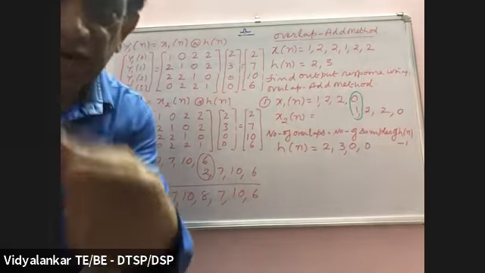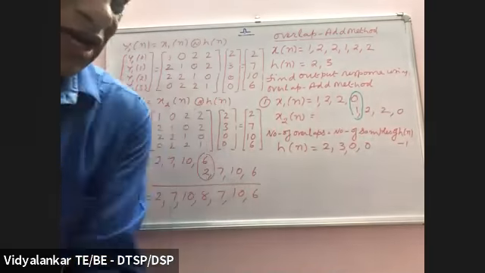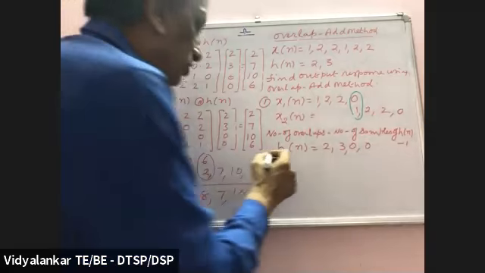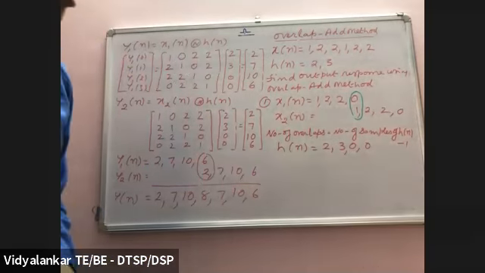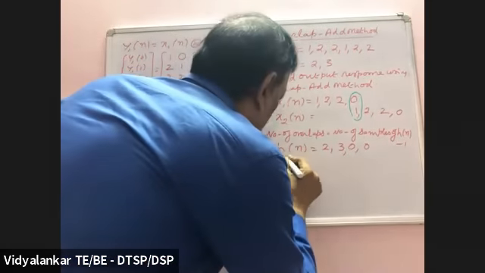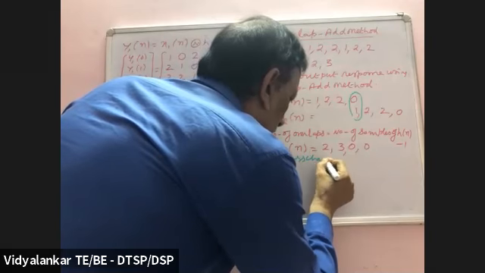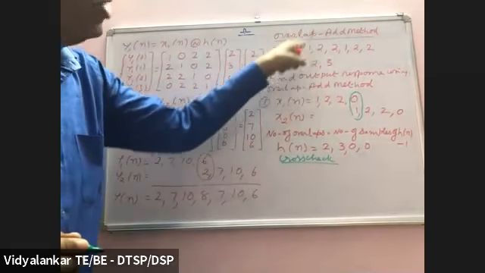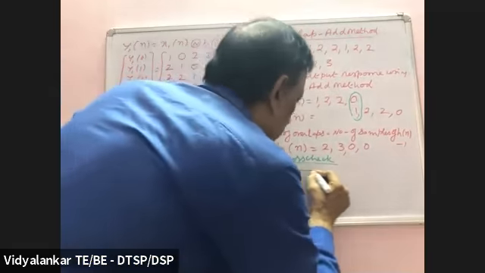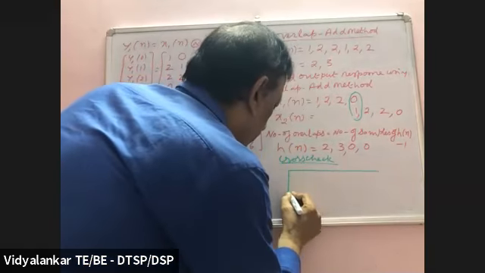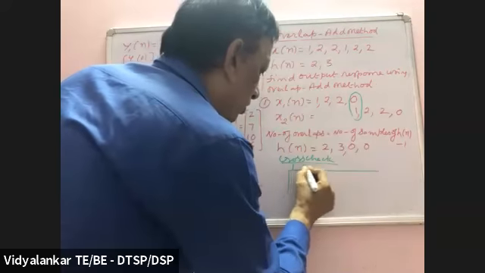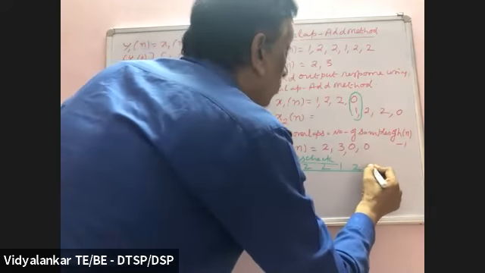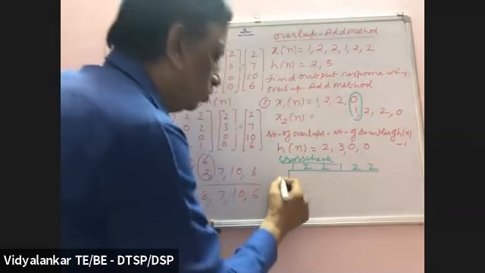Now you can cross check. In the examination you can cross check whether this answer is correct or not. So how to cross check that? The cross check method: directly I will apply linear convolution of these. 1, 2, 2, then 1, 2, 2, 2.